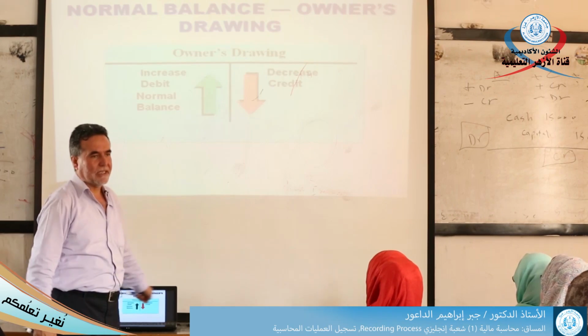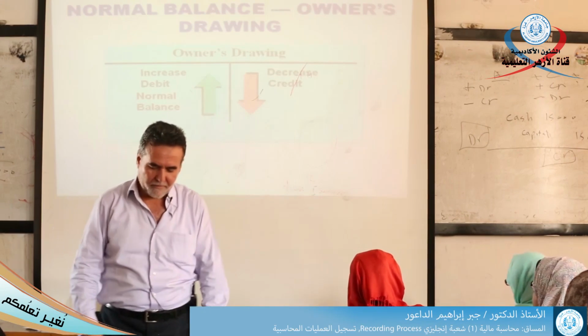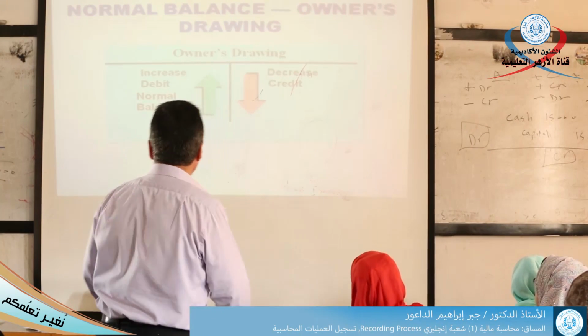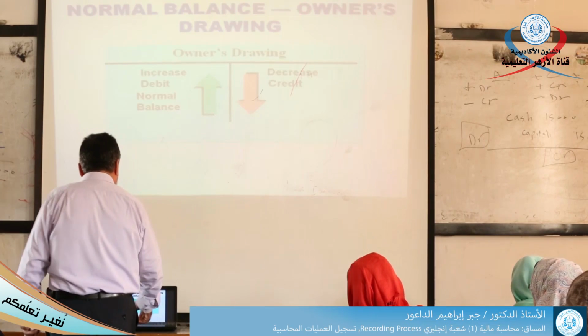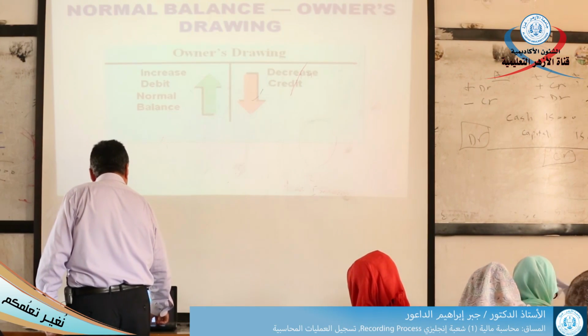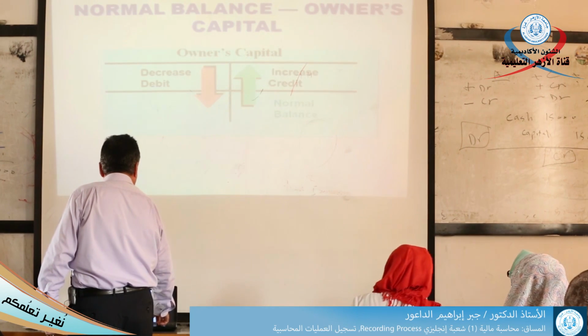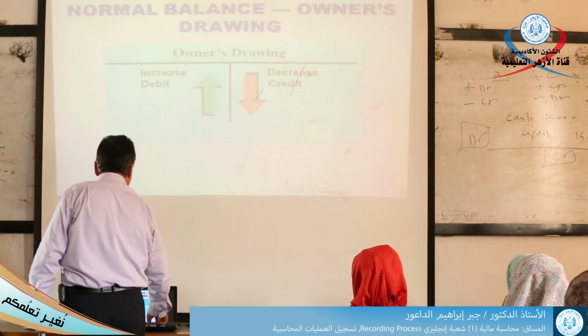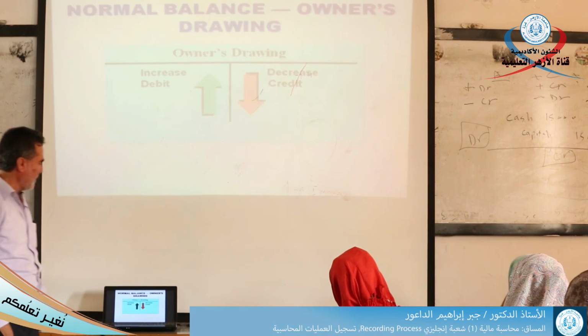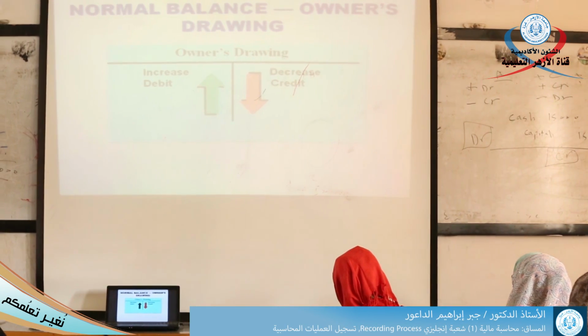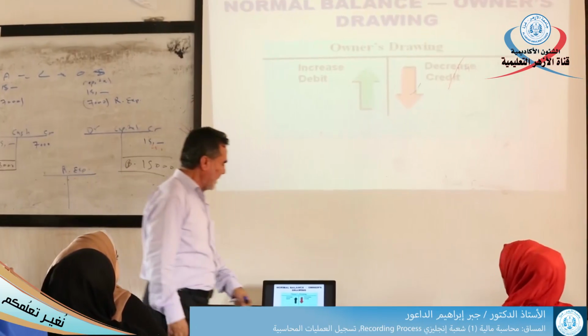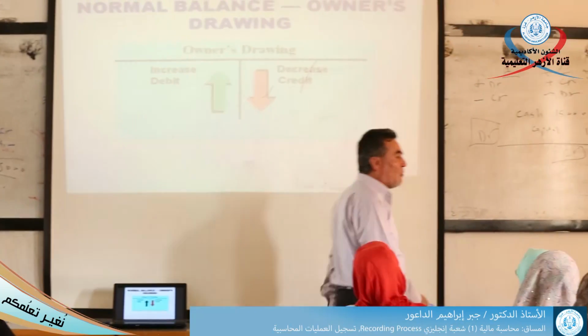On the contrary, drawings. The normal balance of owner's drawings is, whereas capital is credit. Drawings are like what?